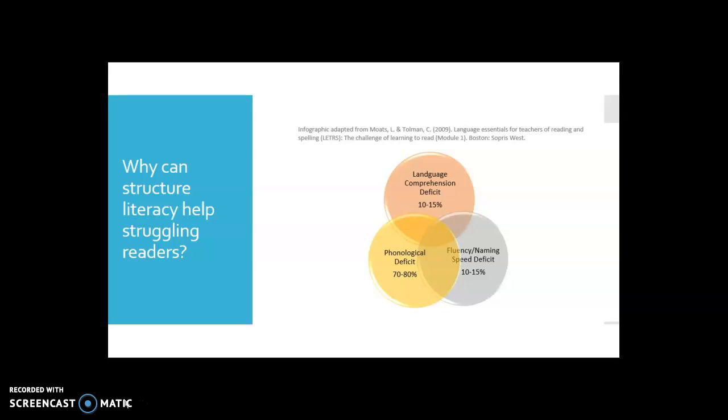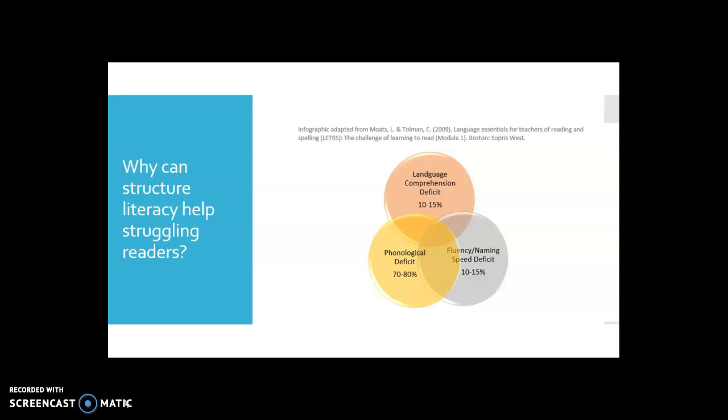So we're trying to get students automatic at their phoneme awareness, at their sound-symbol relationship, at their word reading level. And we're also focusing on patterns when we think about syllables and morphemes. We're focusing on patterns to help those students who might have difficulty with the recall of certain patterns, the sequence of patterns within words. When we think about language comprehension, we talk about semantics.